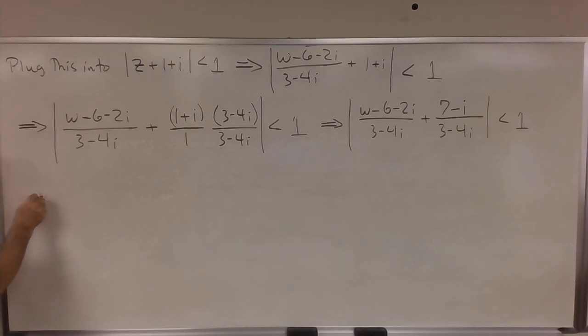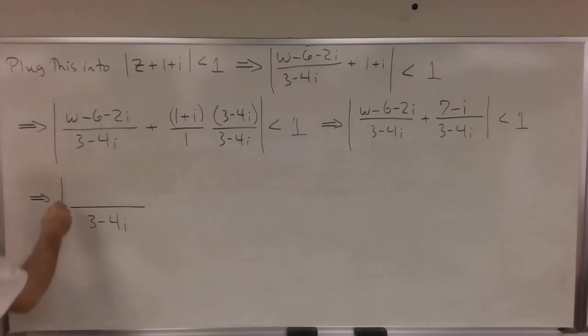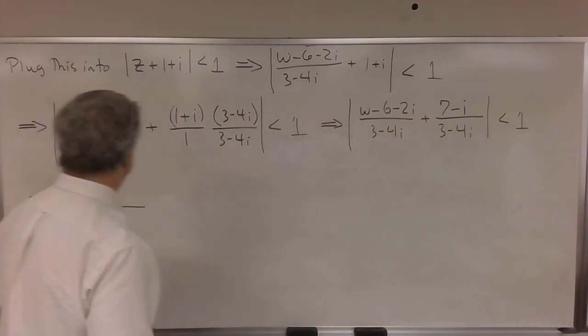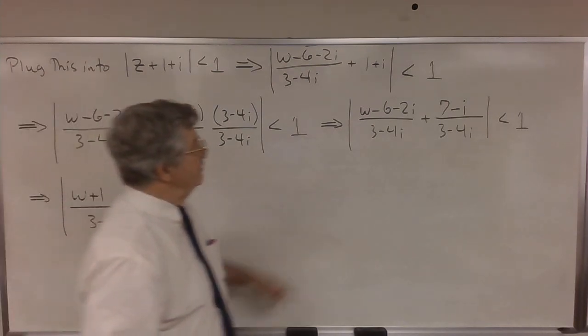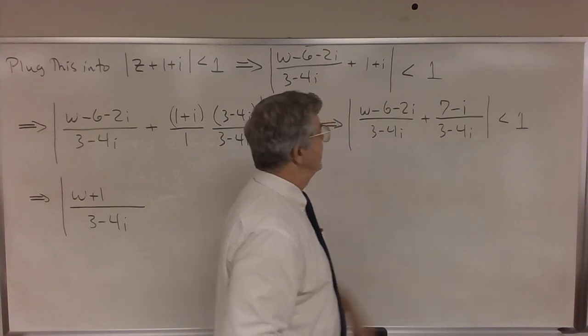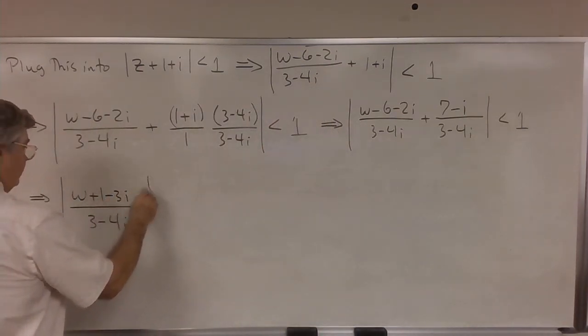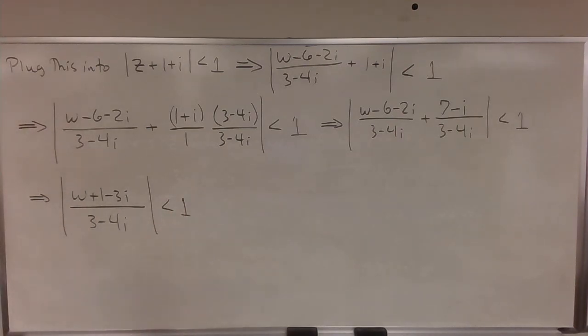And I can combine numerators now because I have a common denominator. So let's see, I have w minus 6 plus 7 is 1. And minus 2i minus i is minus 3i. Okay, that looks good.